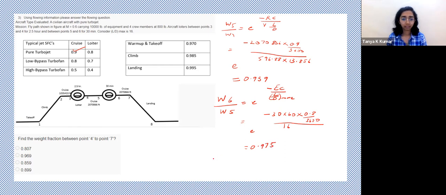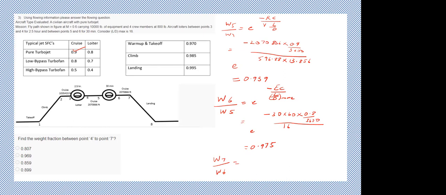Okay. Lastly, we have W7 or W6. And again is cruise. So what will the value be? It's cruising for the same range. Yeah, 0.93.